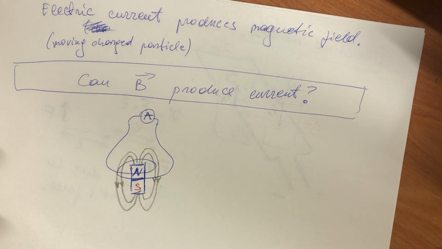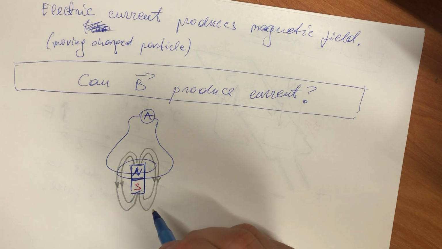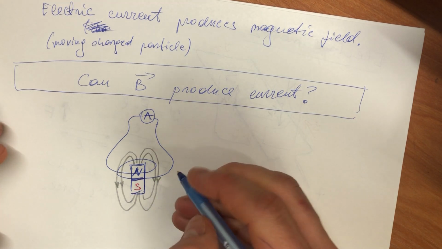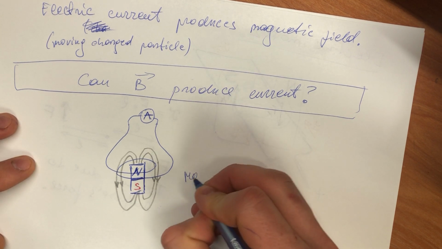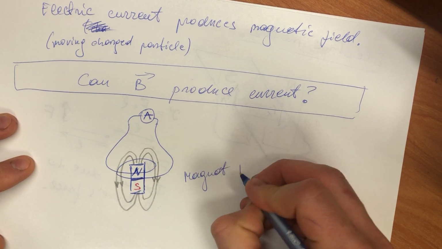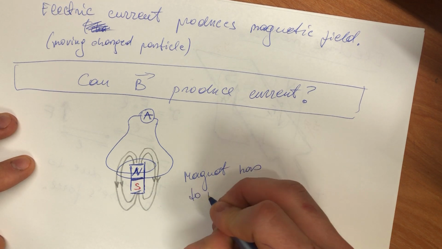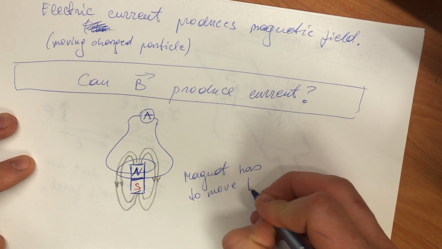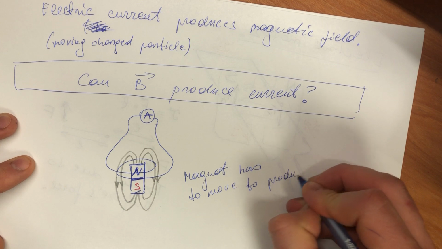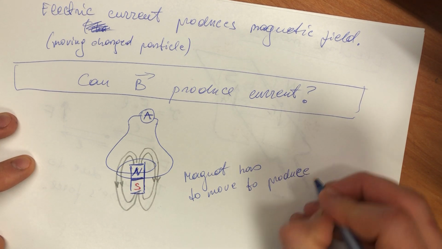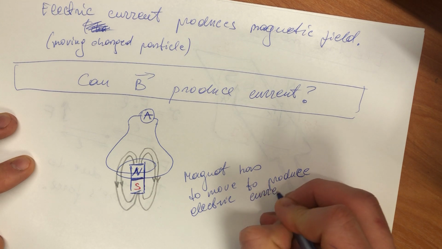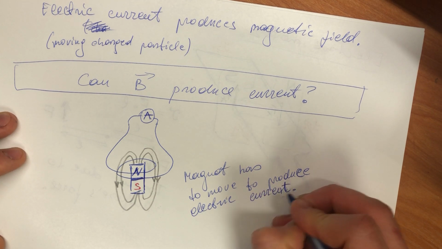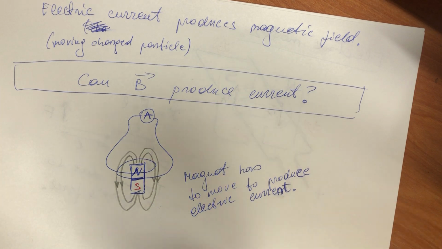And it seems that the magnet has to move to produce electric current. So the magnet has to move.